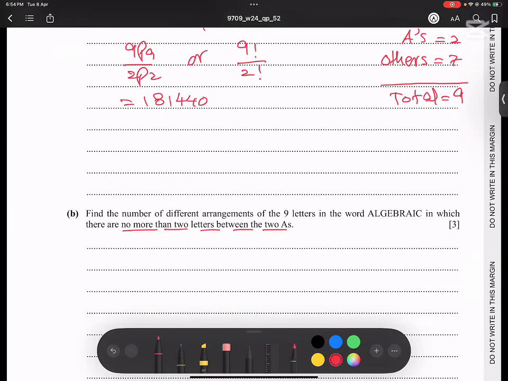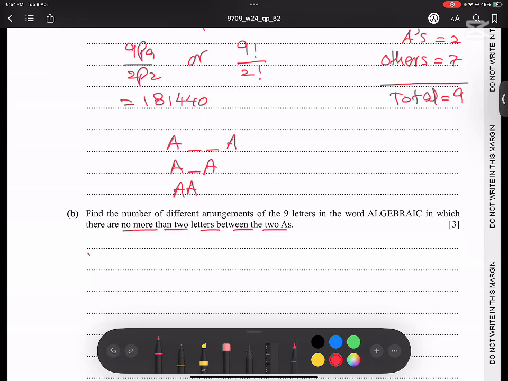It means that between the 2 A's there may be 2 letters, or 1 letter in the middle, or no letter in the middle. If you look carefully, students, he said no more than 2 letters between the 2 A's. So there are 2 letters, 1 letter, or no letter. So we have 3 options.